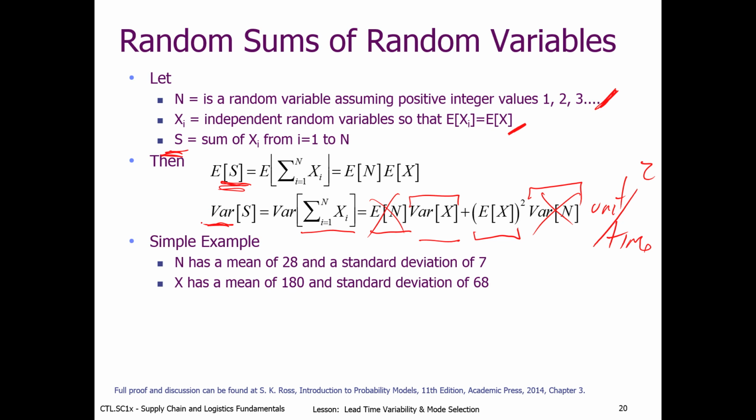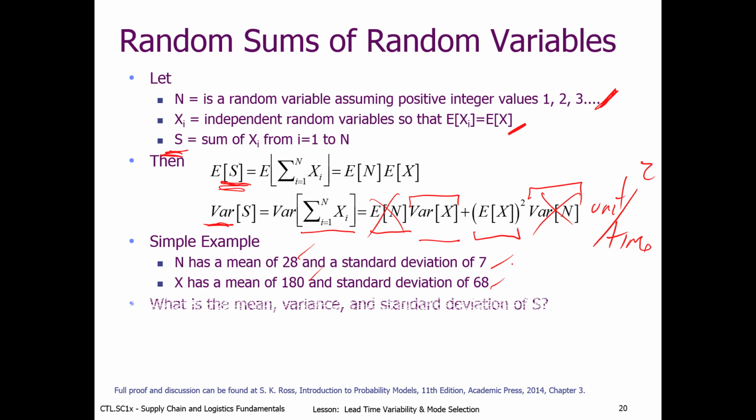So let's do a really simple example. Let's say my n has a mean of 28. Let's call these days, right? So on average, it takes 28 days with a standard deviation of 7. My demand, my x, has a mean of 180 per each of these periods with a standard deviation of 68.